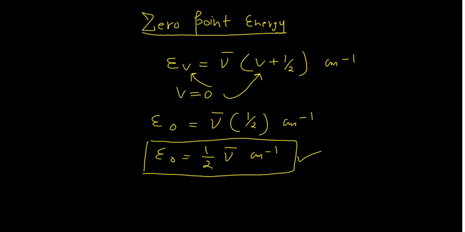In classical mechanics, there is no objection for a molecule to have zero vibrational energy. But in the light of the quantum mechanical model, even in the ground state, your molecule will have this much energy. This is something very important.